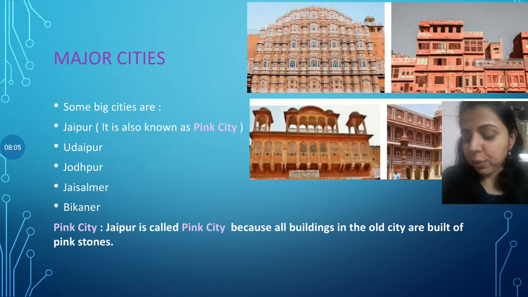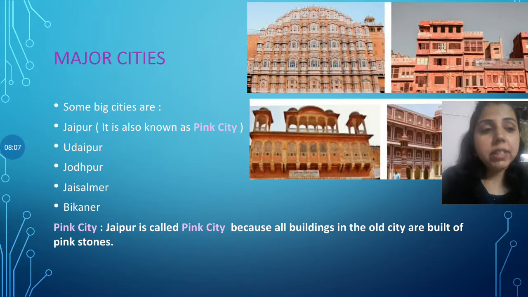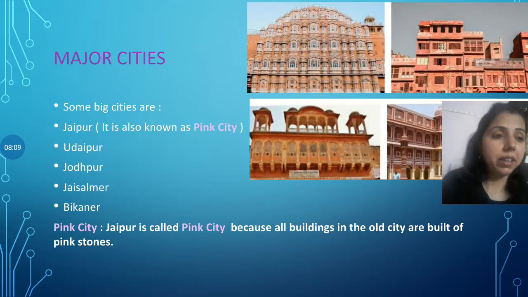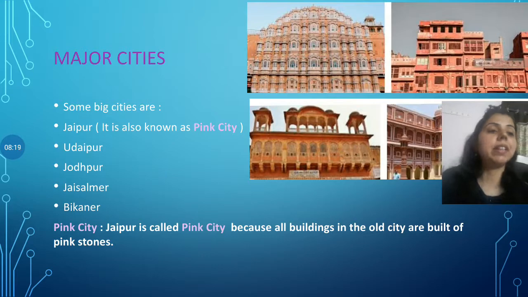A large number of tourists from all over the world visit Rajasthan every year to see the famous monuments of Rajasthan, to also see the Thar Desert and enjoy camel rides and other things available in the Thar Desert. People are always attracted towards the Thar Desert.